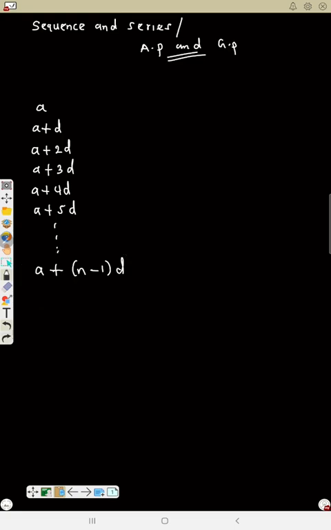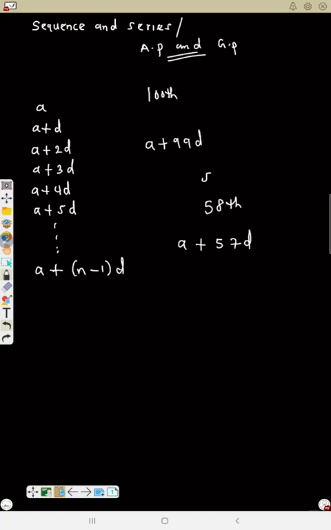Now if I ask you what is the 100th term, how can you represent it? Since it's 100, it will be a plus 99d. What of the 58th term? How can I represent it? The 58th term is a plus 57d.